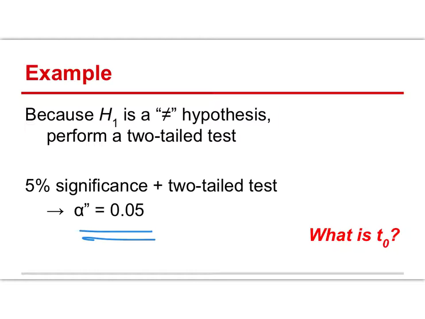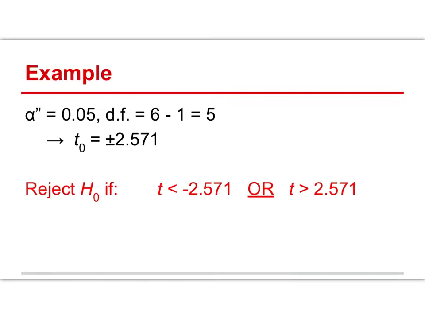At a 5% level of significance for a two-tailed test, our student's t-distribution table tells us that the value that we are looking to exceed is to go either lower than negative 2.571 or larger than positive 2.571.